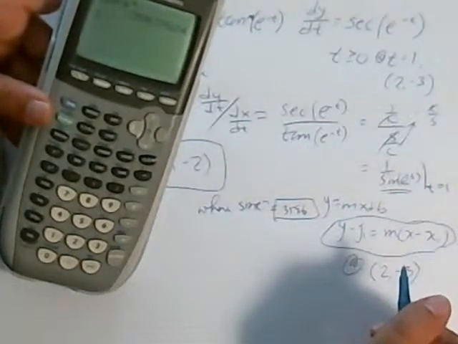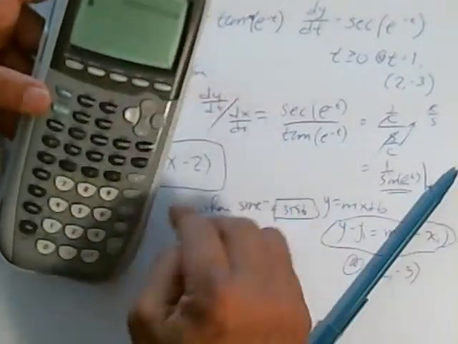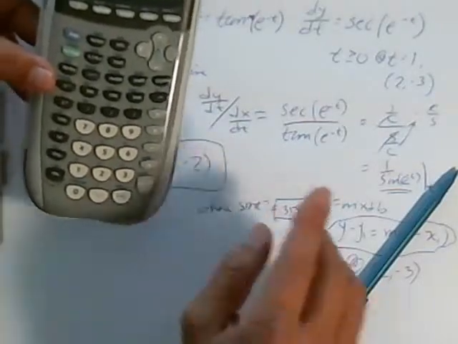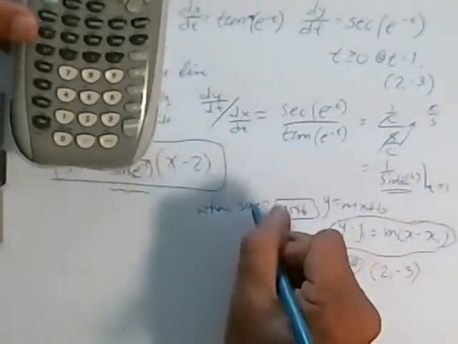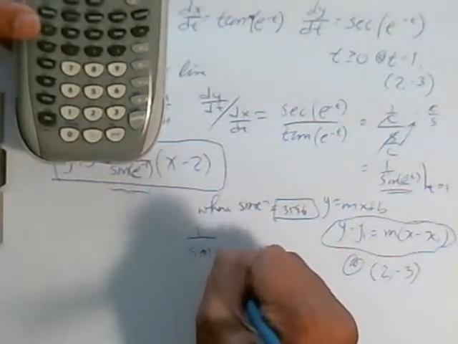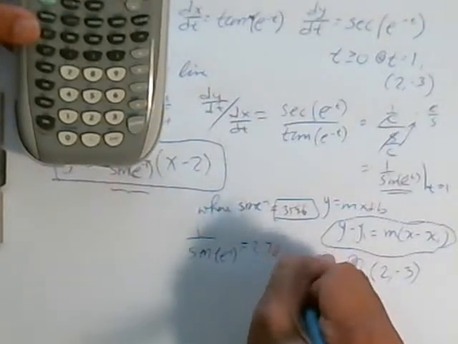Let me just check on that. If you take 1 over that, or that to the minus 1 power, you get 2.78. So 1 over sine of e to the minus 1 is approximately 2.7806.